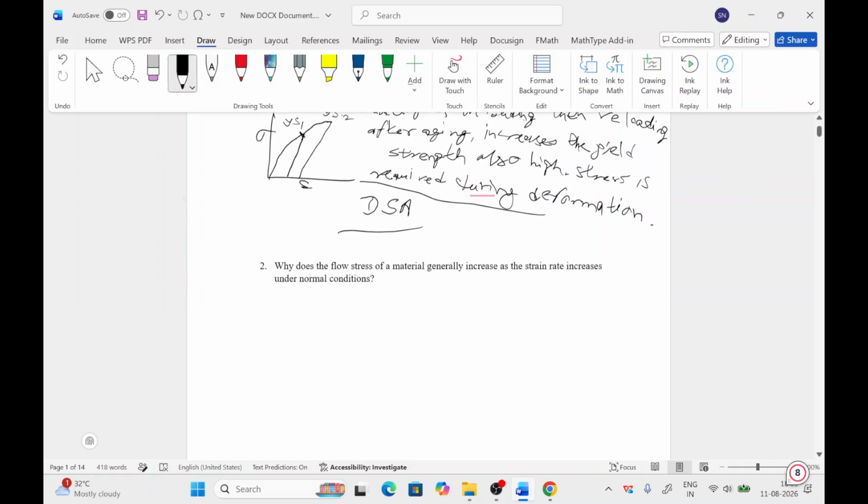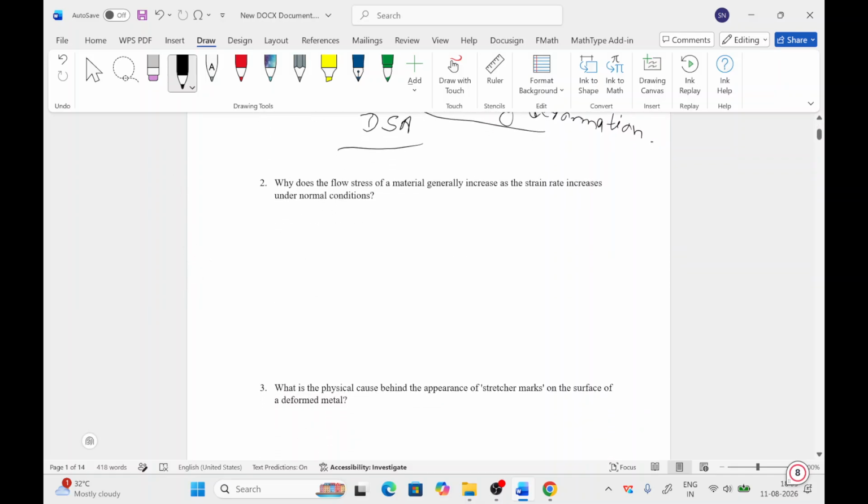So the next question is: why does the flow stress of a material generally increase as the strain rate increases under normal conditions? First we'll understand the deformation behavior. For deformation, we need to move dislocations, and dislocations move with applied stress.